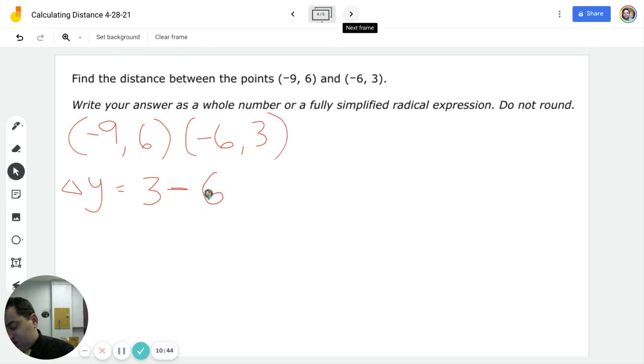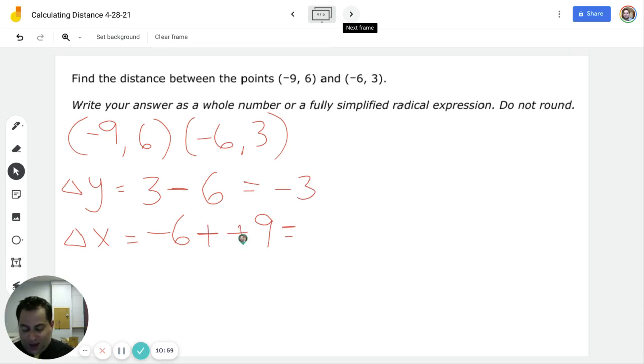Change in x is going to be -6 minus -9. Okay, we can add these up. 3 minus 6 is -3. We have a plus positive here, right? So I have a 9 minus 6. So that gives me a 3.